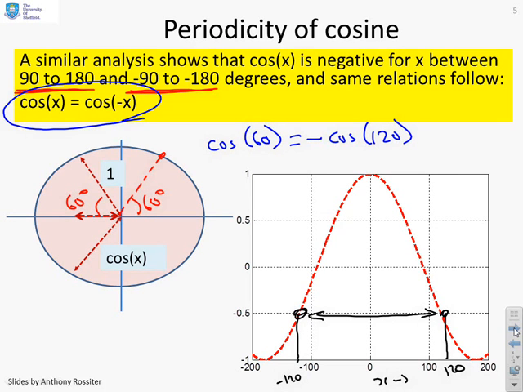And what that's telling you is there's a sort of symmetry about here. So if I go 30 degrees to the left, or I go 30 degrees to the right, I get the same magnitude. So there's cos of 60, and there's cos of 120. So they've got the same magnitude, but the opposite sign. And that sort of symmetry about 90 degrees or minus 90 degrees is something that you may find useful from time to time.